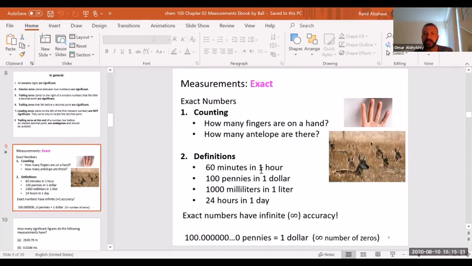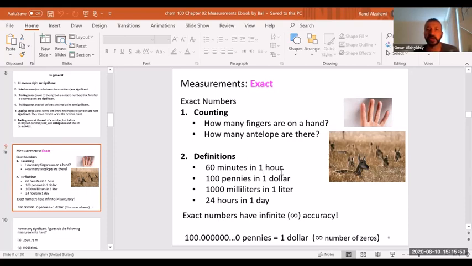Usually, when we are dealing with a calculation that has a conversion factor, don't look at how many significant figures the conversion factor has. So for example, I have 60 minutes in 1 hour, so I cannot say the 1 here is only one significant figure. No, because this 1 hour is 1.00000.